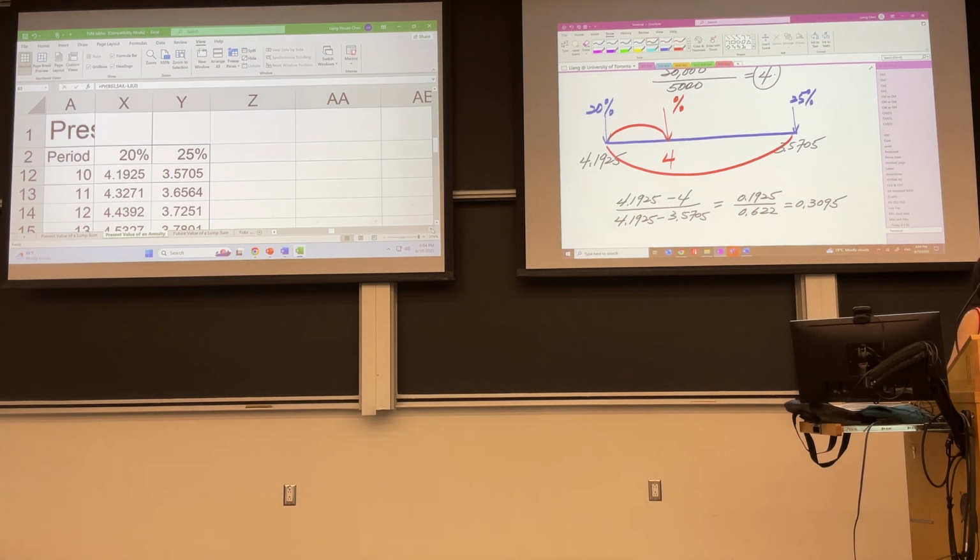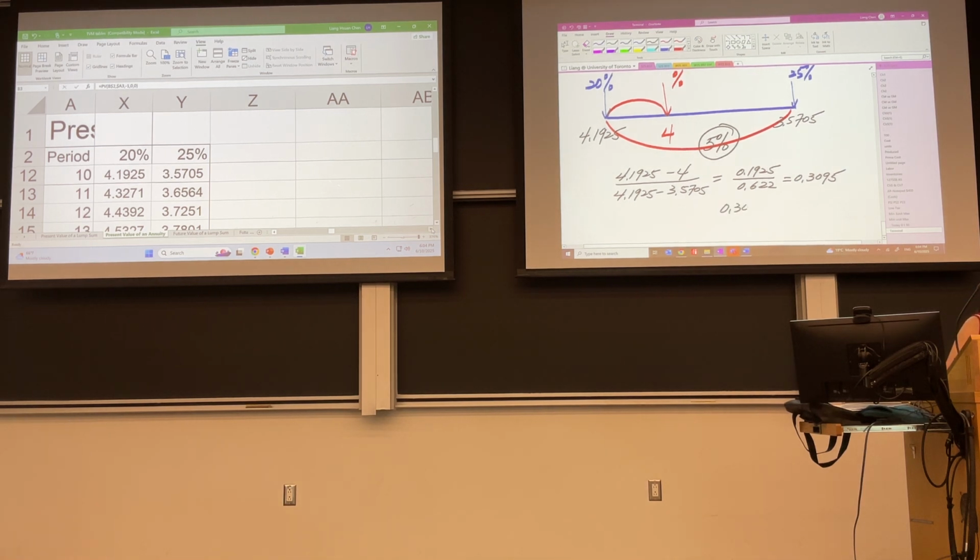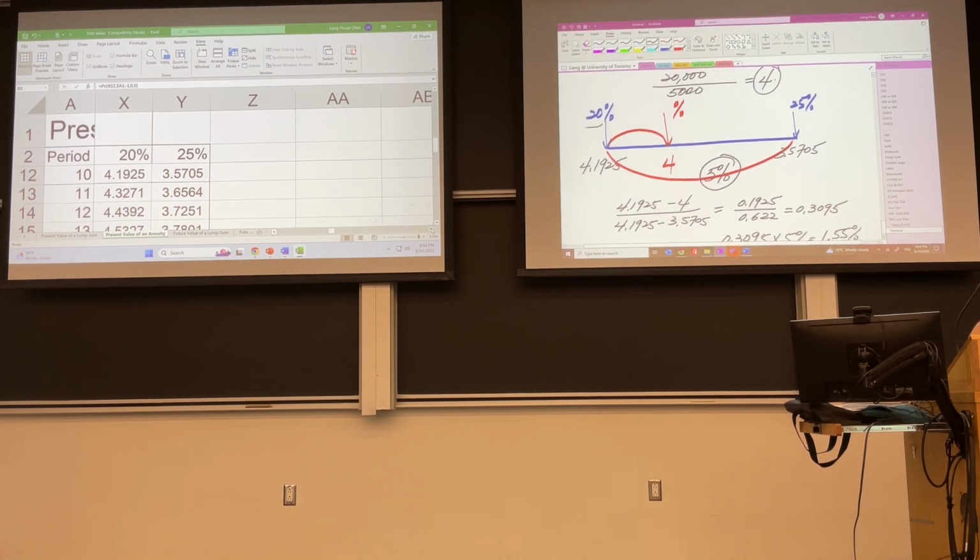So roughly around 31%. But the whole gap is 5%, so you take 31%: 0.3095 times 5%. This is roughly 1.55%. We start with 20%, you add 1.55%, and you get around 21.55%.